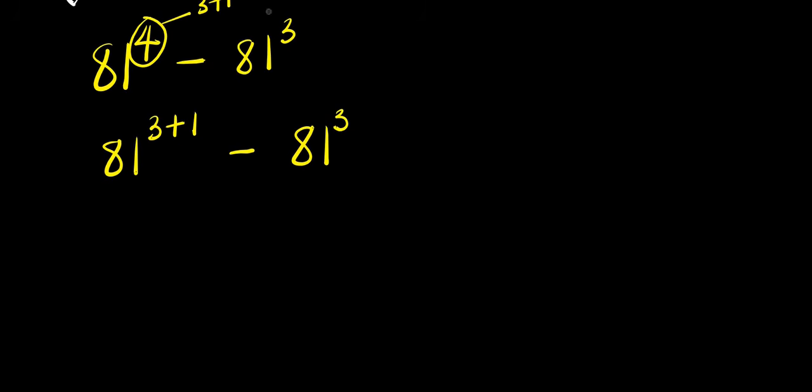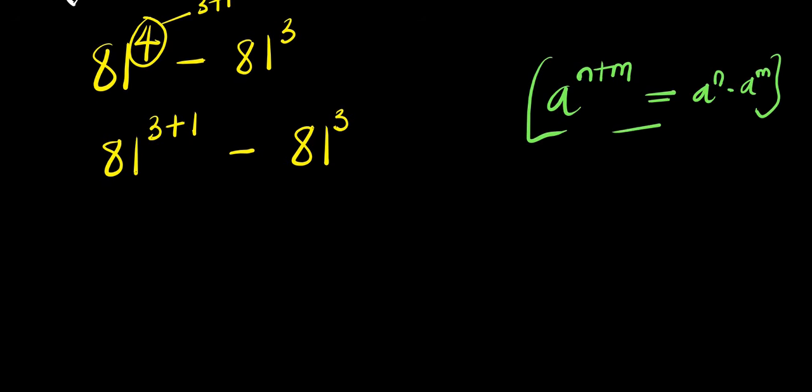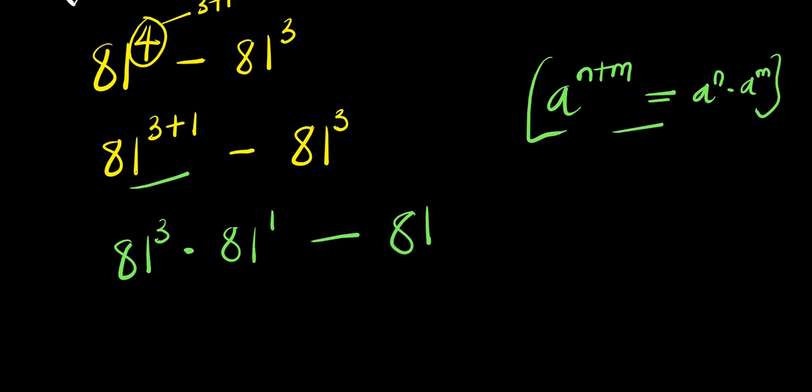So if you have a power n plus m equals a power n times a power m. Applying this here, I have 81 power 3 times 81 power 1 minus 81 power 3. 81 power 3, 81 power 3, I factor it out.